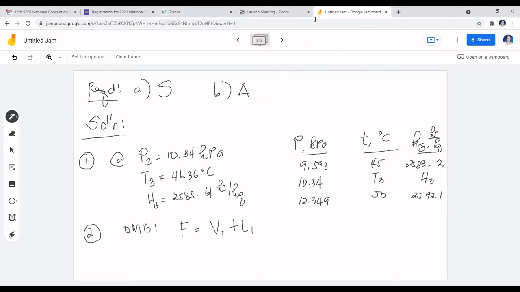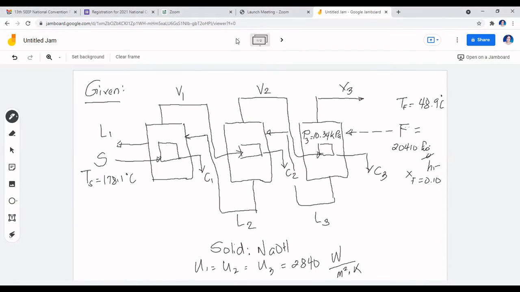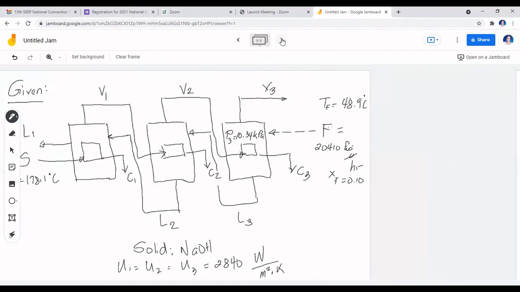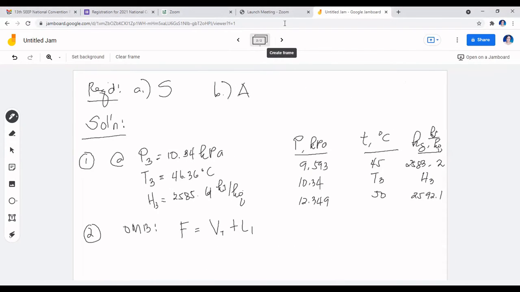So based on the given, you have 20,410 is equal to V total plus L1. So this is our equation A. Now, what else do we use so that we get the total water evaporated?